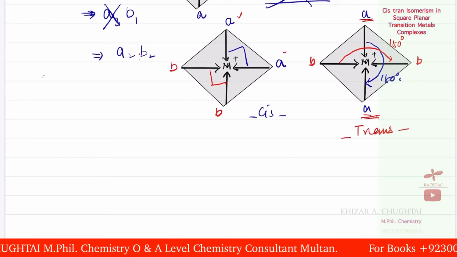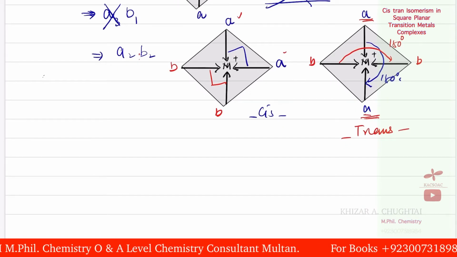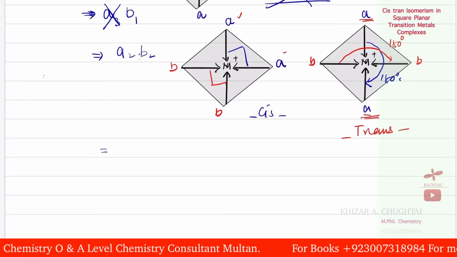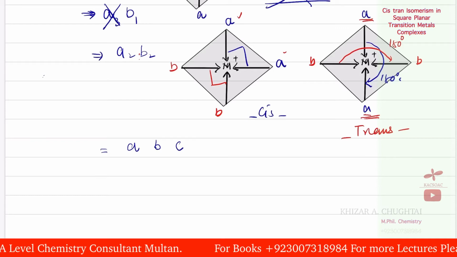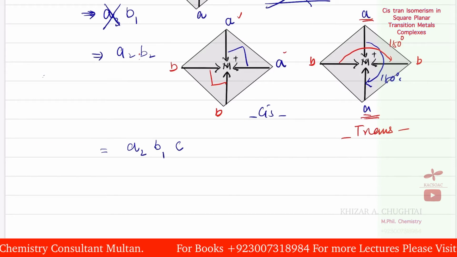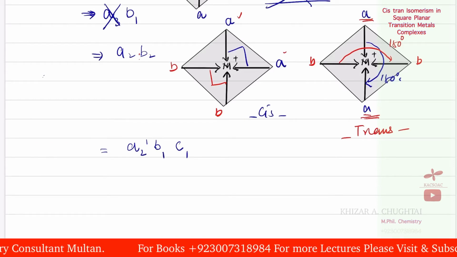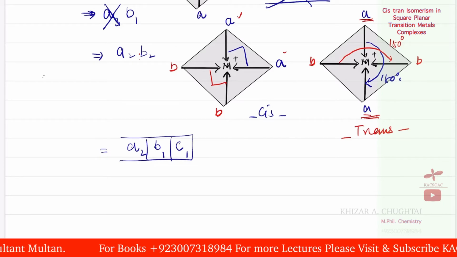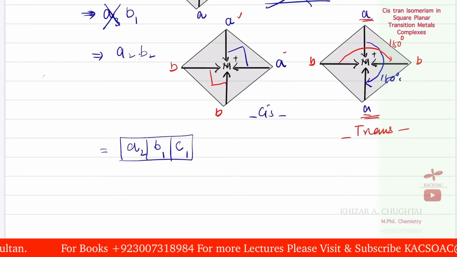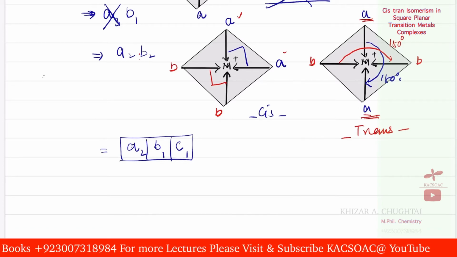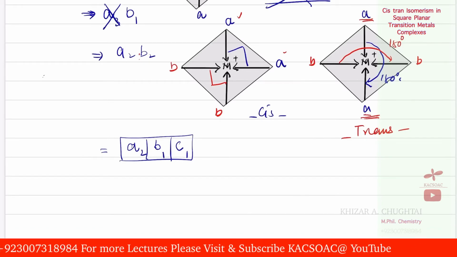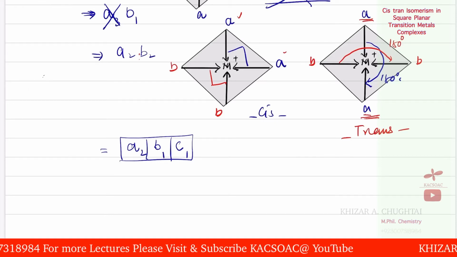Now come toward the next possibility. If there are A, B, and C, let's suppose A2, B1, C1, there are three different ligands, or three different donor atoms, you can say as well. What should be the nature of cis-trans isomerism?